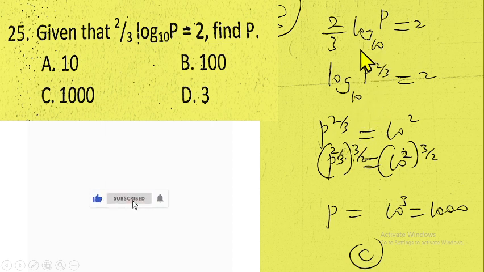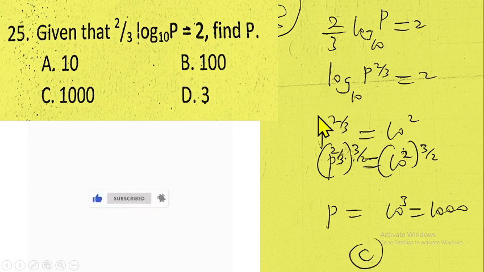According to the definition of logarithm, this means: how many times can we raise 10 to get p raised to the power 2 over 3? So then we have p raised to the power 2 over 3 equals 10 raised to the power 2. So from there, how do we get rid of this power 2 over 3? We can multiply the power by 3 over 2.